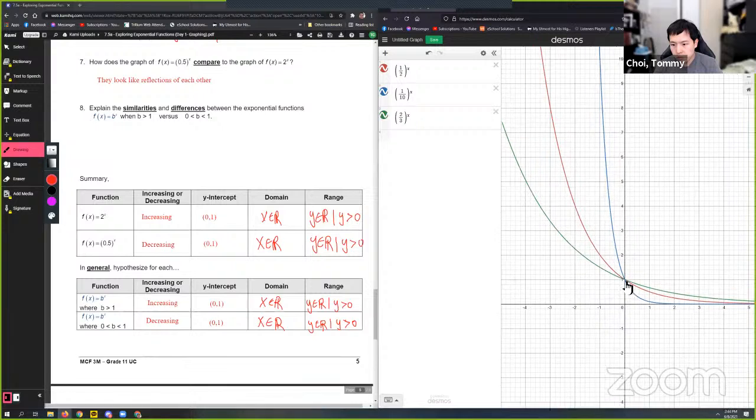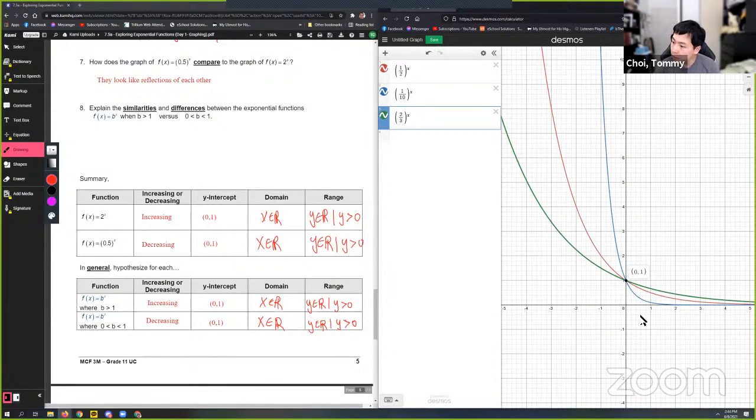Look, their graph, y-intercept is always 0, 1. They are decreasing going to the right, and y is always greater than 0. Right? So these are the important properties of an exponential function. Once again, assuming no transformations are being done.